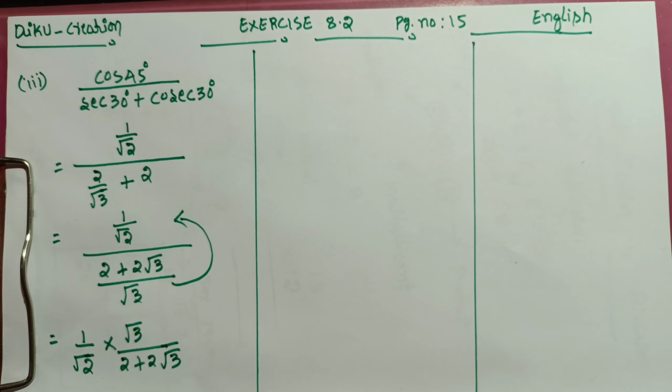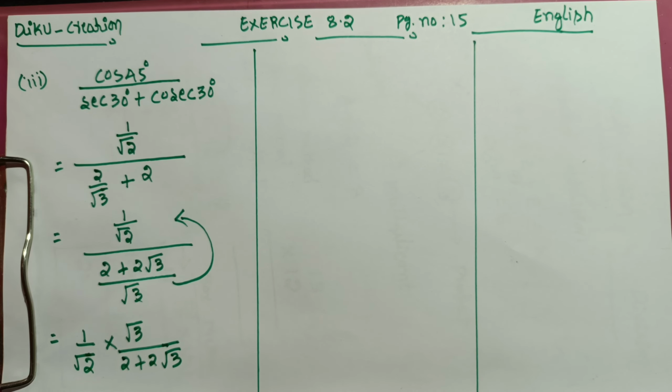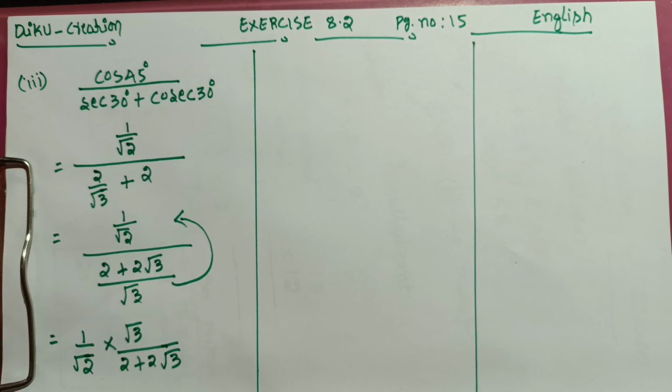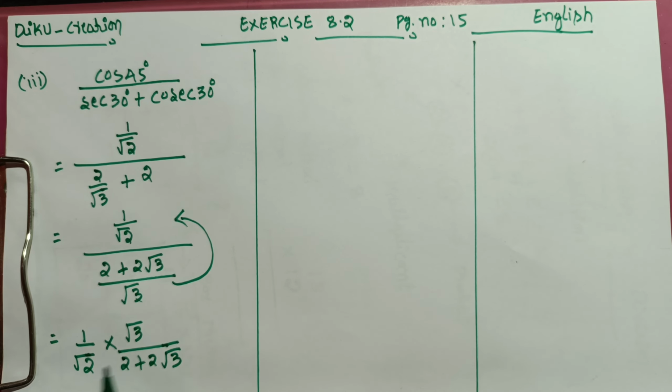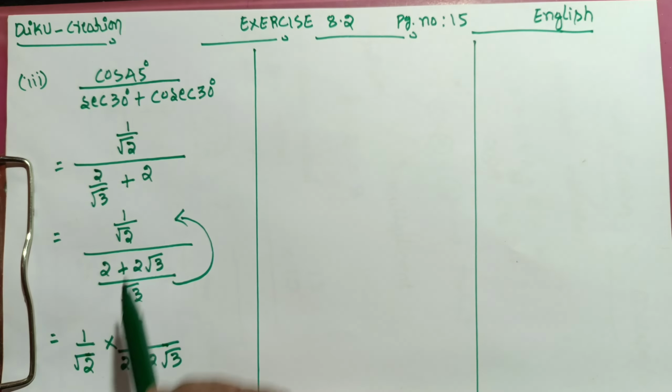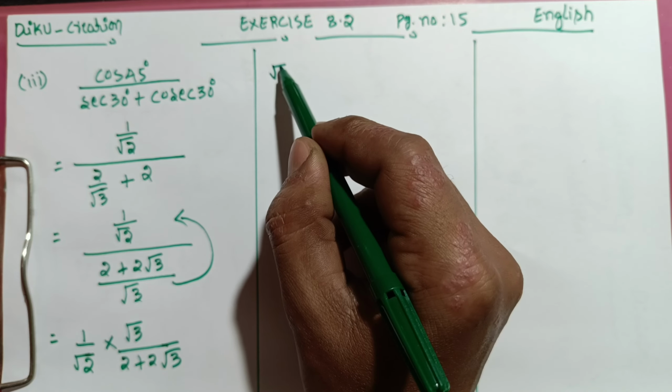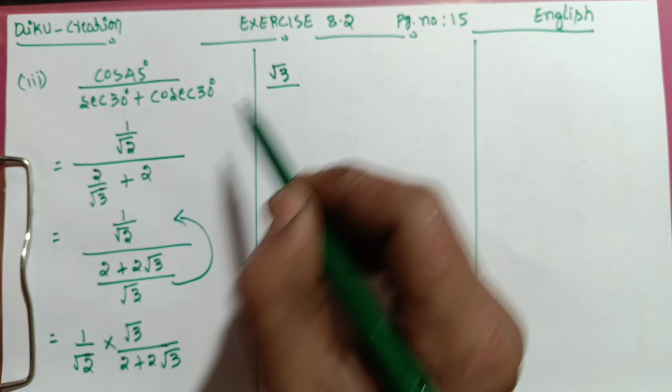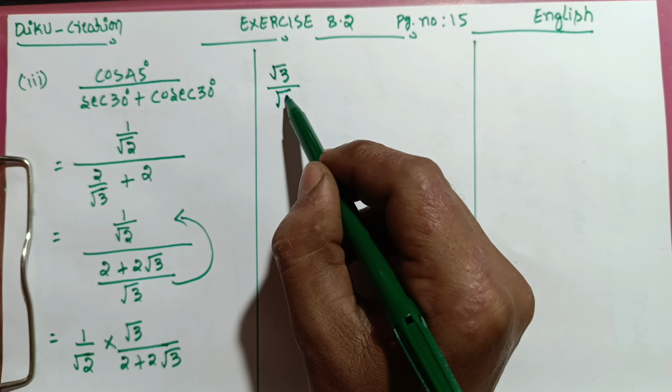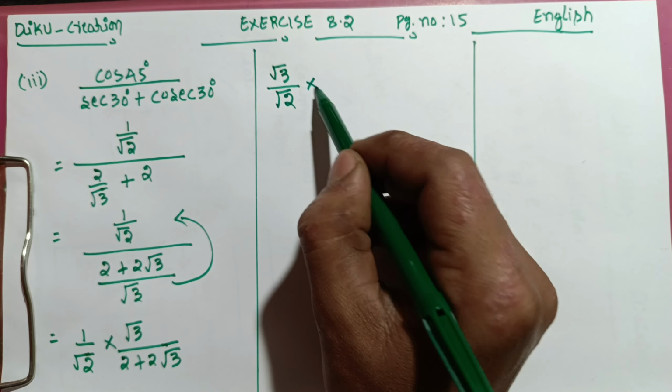So now, after this, what I will do is I will split and write this expression in simple form. So first I will write root 3 divided by root 2. I will write as it is into 1.